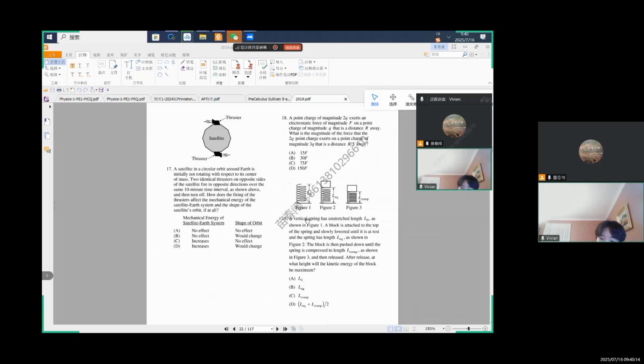What's the maximum height? When released, after release, at what height will the kinetic energy of the block be maximum?